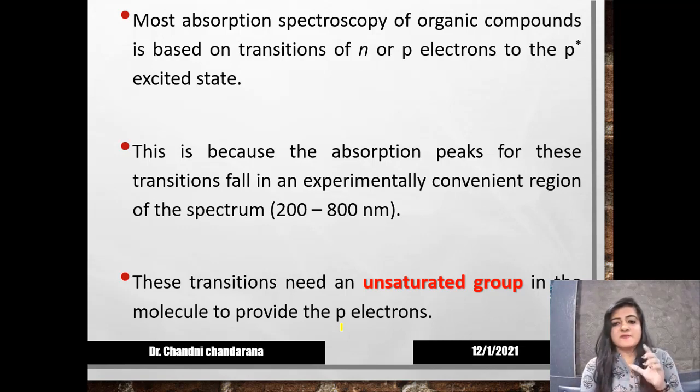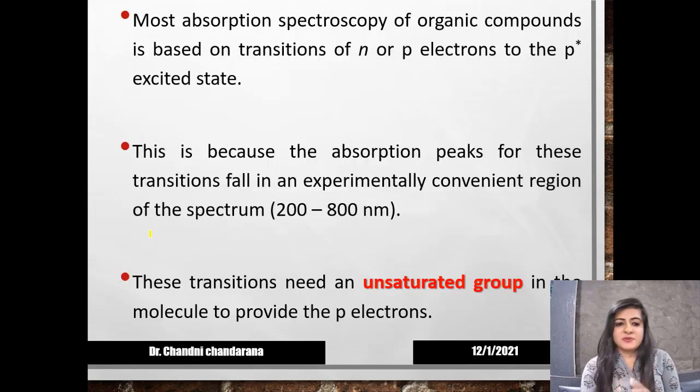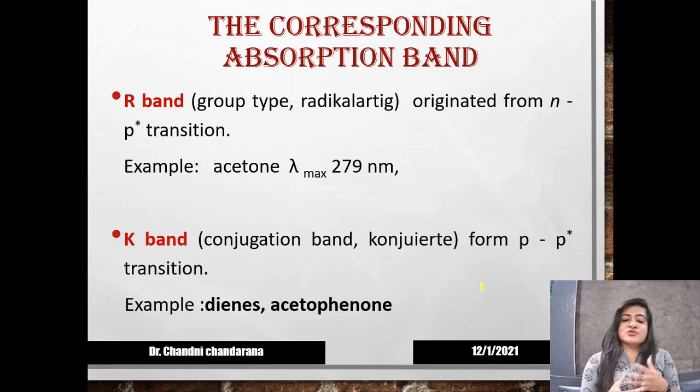For example, phenol is an example of n to pi star transition. This is because the absorption peaks for these transitions fall in the UV or visible region, and this transition needs an unsaturated group to provide the pi electrons, and most drugs have an unsaturated group.